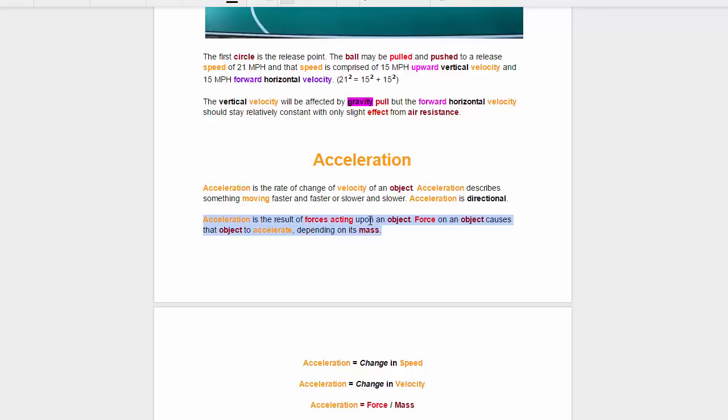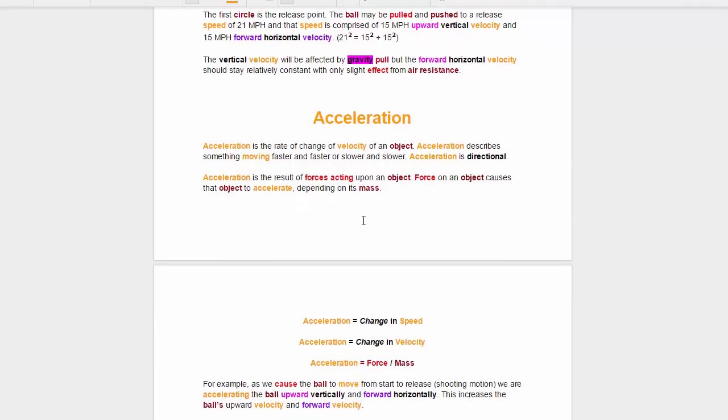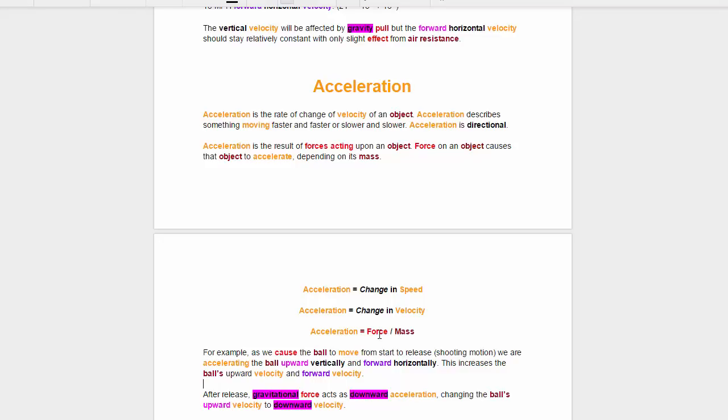Force causes an object to accelerate depending on its mass. We're going to get into this when we get into Newton's laws in a moment. So acceleration is change in speed, acceleration is change in velocity, acceleration equals force over mass. So basically, if I push or pull on you, depending on how much I weigh or have mass compared to you, it will result in you or I having acceleration resulting from that push, right?